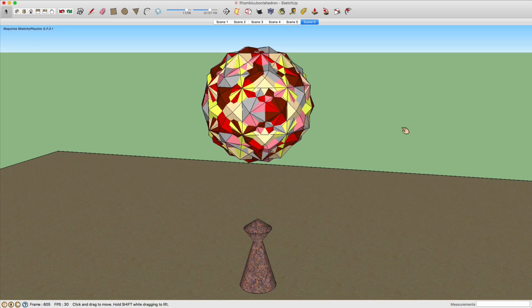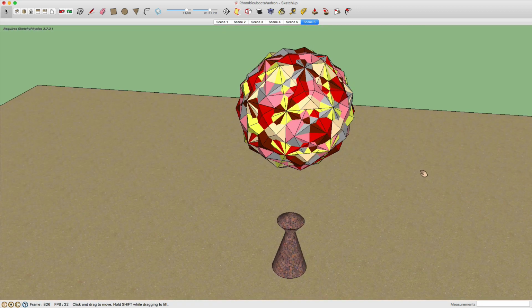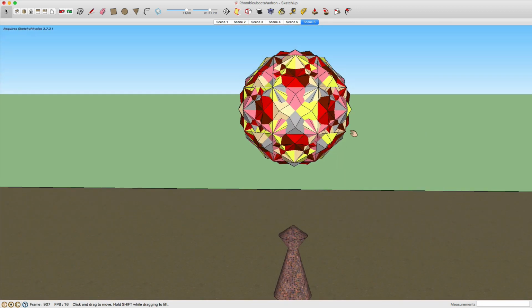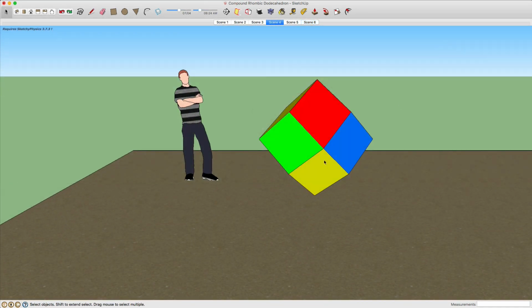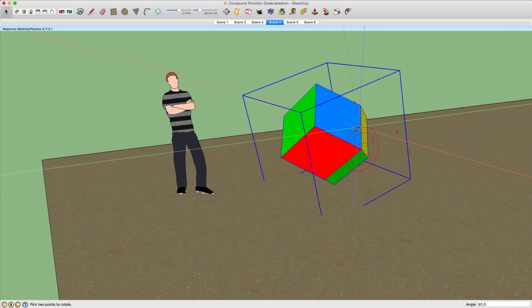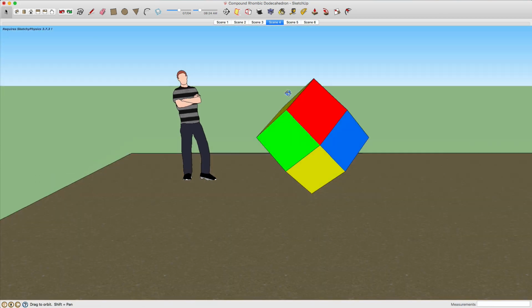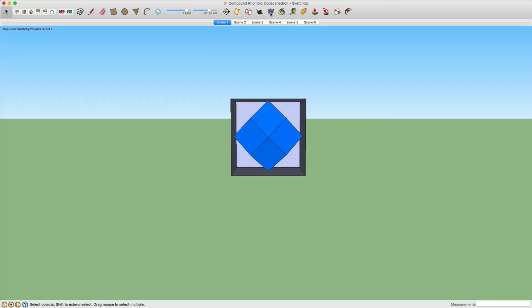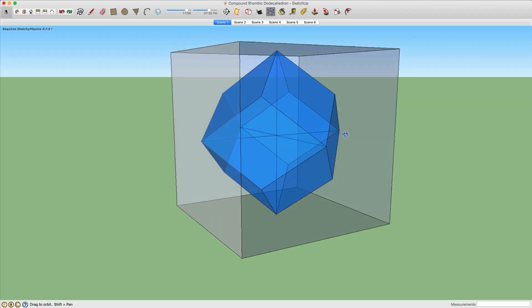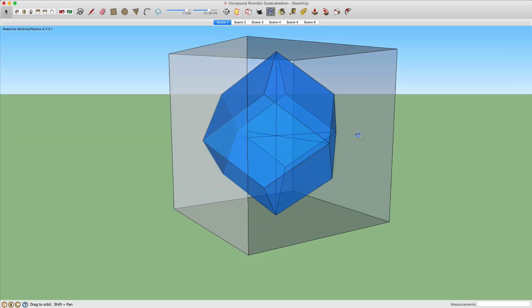Moments ago, we examined the various compound forms of the cuboctahedron. I'd like to finish off this series with a showcase of the compounds derived from the cuboctahedron's dual, the lovely rhombic dodecahedron. This polyhedron shares 4-fold symmetry with the cube through its top, bottom, and orthogonal side vertices.